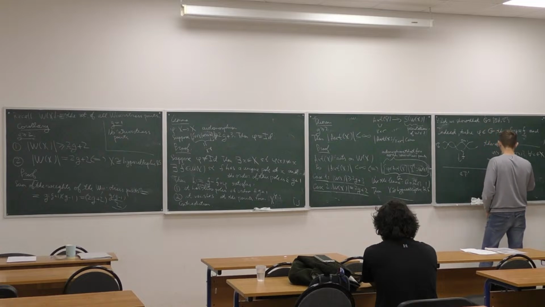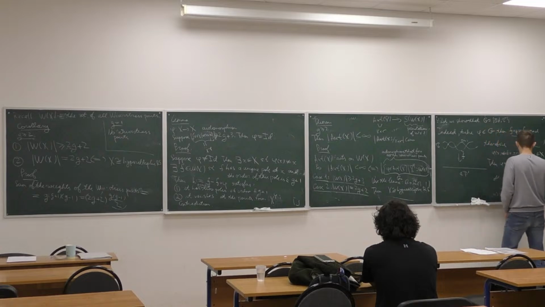Then phi is equal to the identity, or phi is equal to tau.